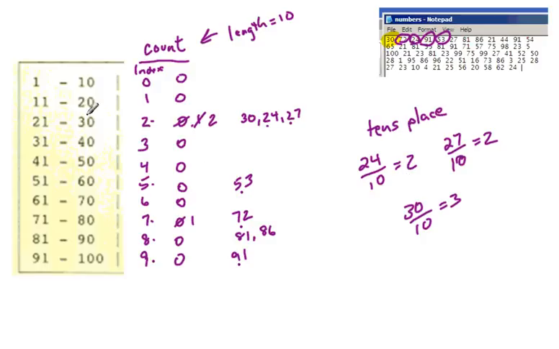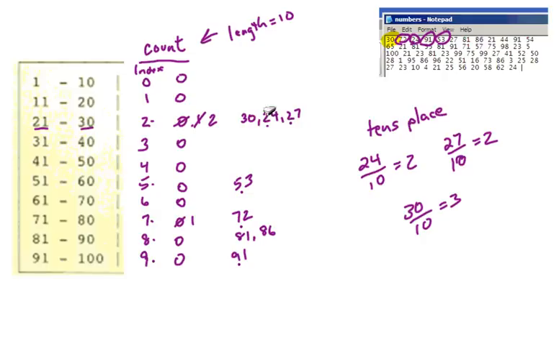And we'll see that works over here. So look over here at the 21 to 30. 30 minus 1 is 29. 29 divided by 10 is 2. If I subtract 1 from 21, I'm still good because 21 minus 1 is 20, and 20 divided by 10 is 2.